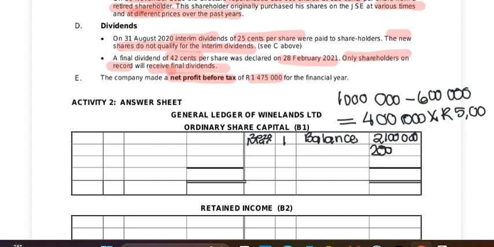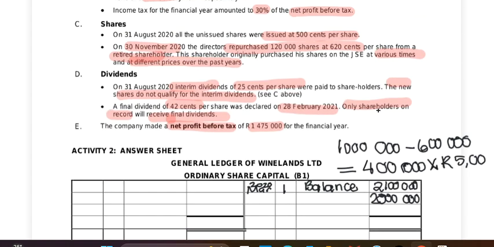So when you issue more shares, your ordinary share capital increases, so that's why I'm recording it this side. Let's just say we received money in, so it will be bank. And this happened on 31st of August 2020.